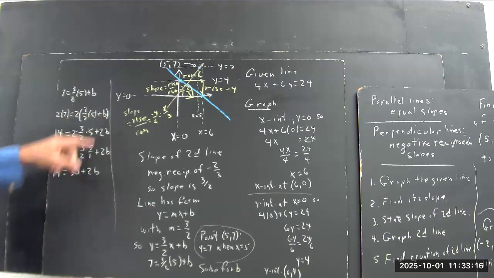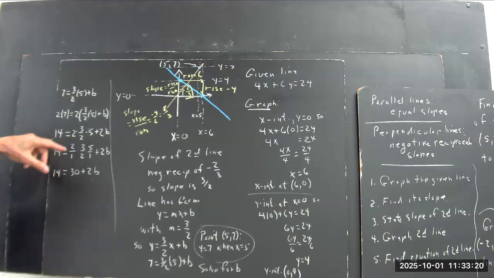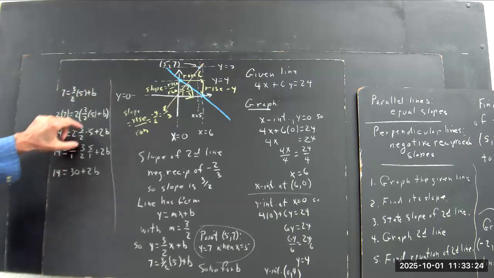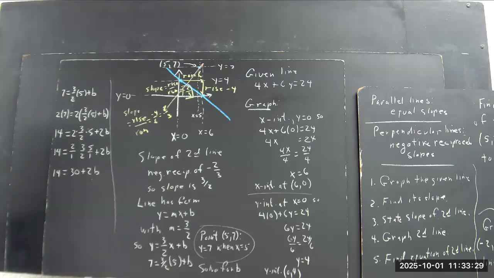Maybe you can multiply it all out in one step. Maybe you're safe and secure to do that, but you have to write it out. Use the distributive law: 2 times this, 2 times this. 2 times b, 2 times b. Then if you need to do the 2 over 1, 3 over 2, and so forth, good. If you can just say, well, the numerators are 2, 3, and 5, we multiply them, that leaves denominator 2.